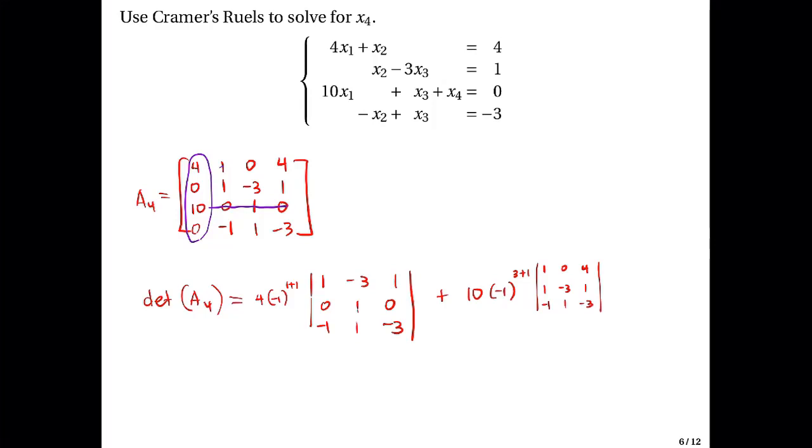That's why we have deleted this part and also this part, and we have this submatrix here. 1, 0, 4, 1, negative 3, 1, negative 1, 1, negative 3. And then we just calculate for the determinant. Okay?